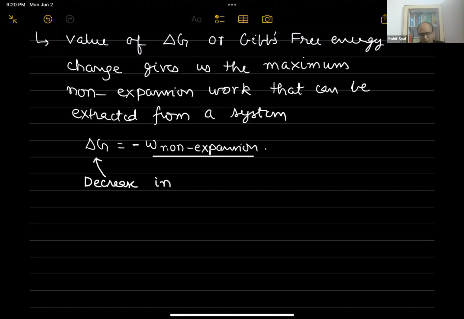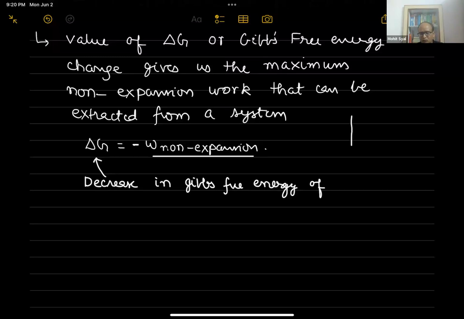What is non-expansion work? Work done with no expansion. An example of that would be work which doesn't involve some gas being moved, expanding a piston.